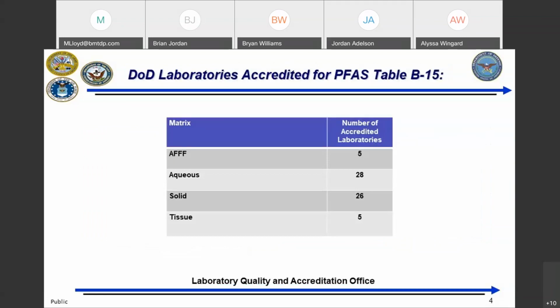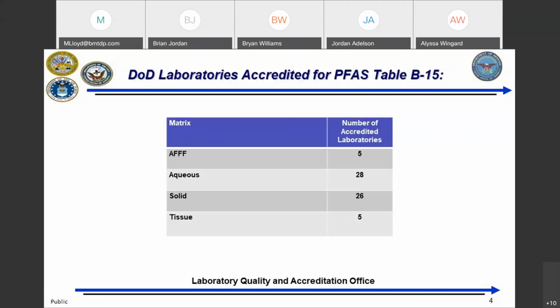PFAS continues to be a big issue. I wanted to share with you the number of laboratories that are accredited for each matrix. You can also find this on our DENX website as well. Currently for AFFF, the formulation, we have 5 laboratories. Aqueous, we're showing 28. And if you think back to the previous slide, we had 82 laboratories total accredited in the DoD ELAP program.